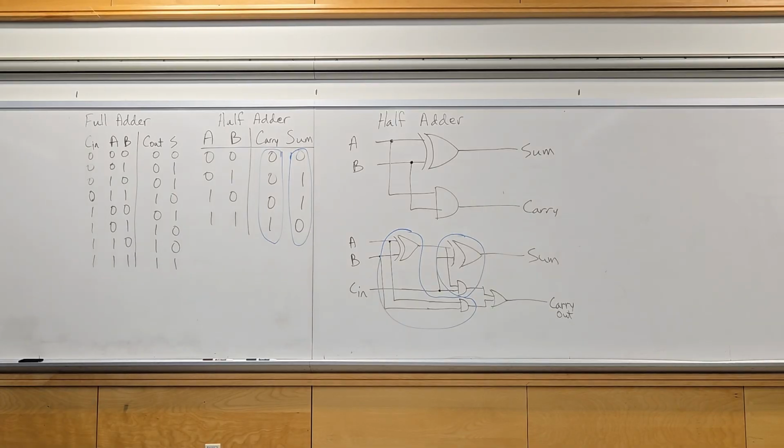And that will give you the function here. So, feel free to copy down the schematic for the full adder and trace through and see that the sum and carry do follow this state table with all 8 inputs.